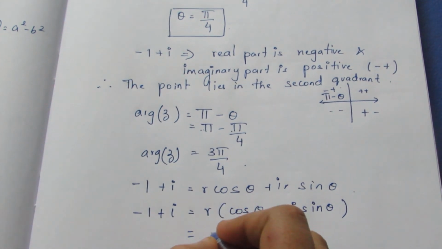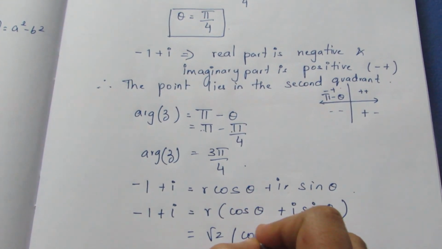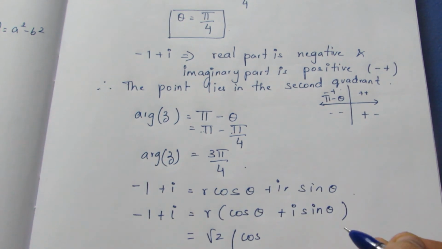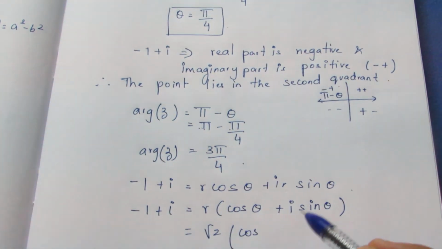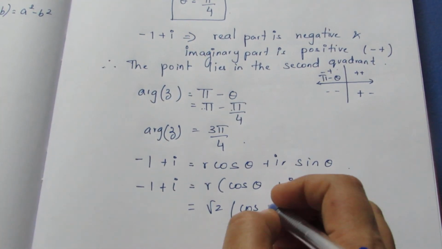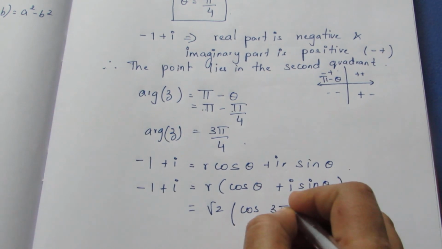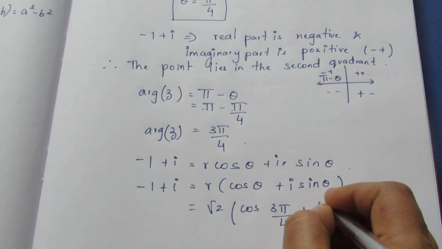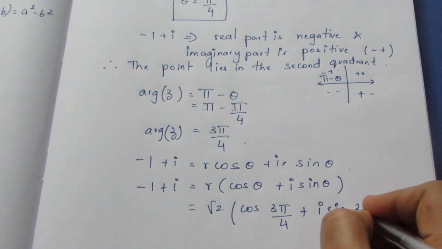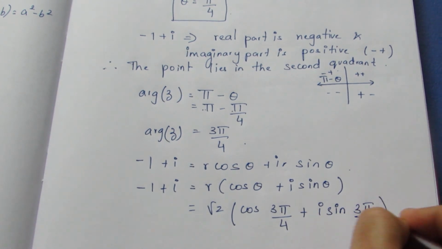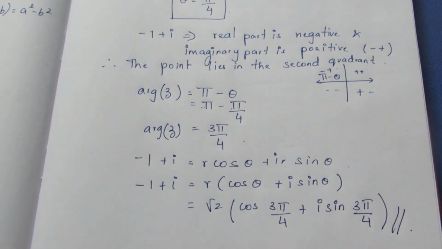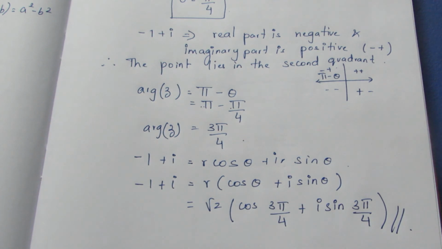The r value we found to be root 2. Here in cos theta, substitute the argument value, not the theta value. The argument of z is 3 pi by 4, so root 2 times cos 3 pi by 4 plus i sin 3 pi by 4. This is the required polar form for the given question.